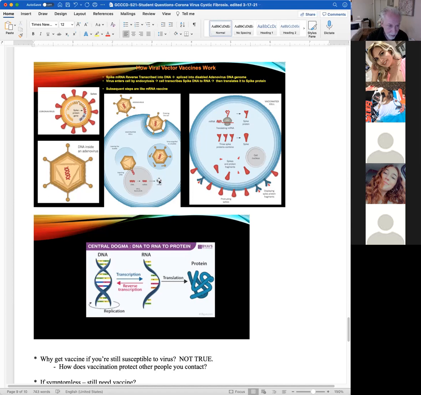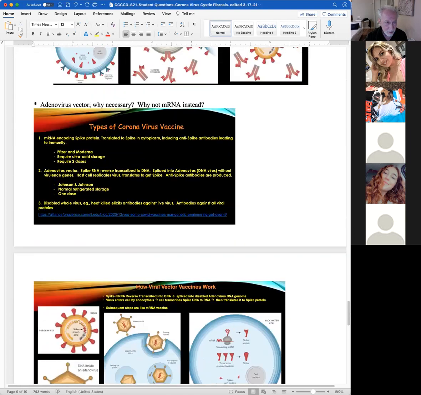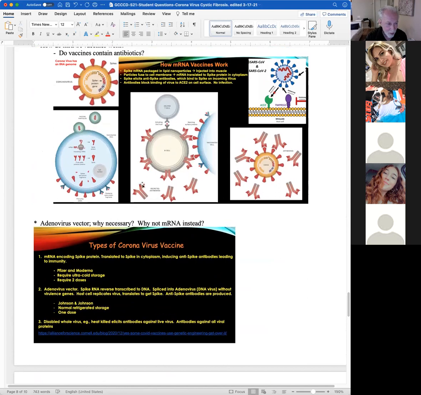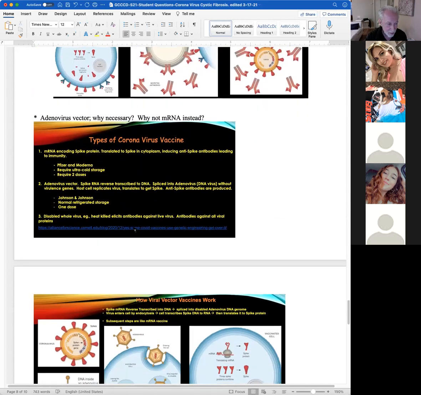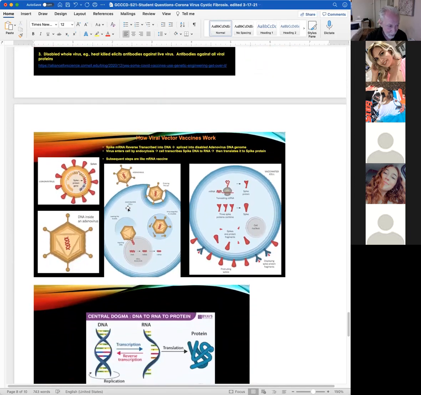The mRNA in the cytoplasm is translated into spike protein, which appears on the surface of the cell, and we're right back to where we were with the mRNA. So basically the difference is in the packaging and how you get the viral genome into the cell.